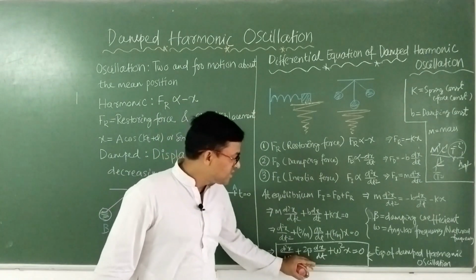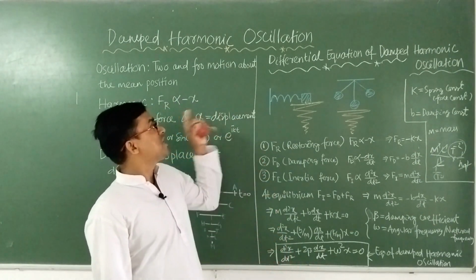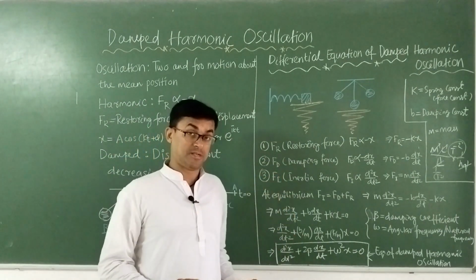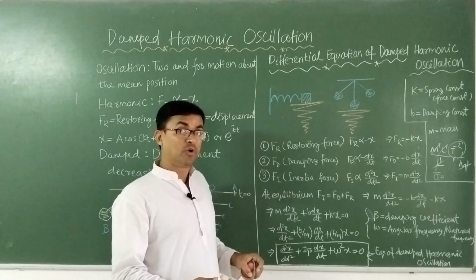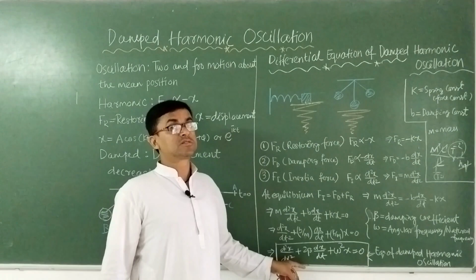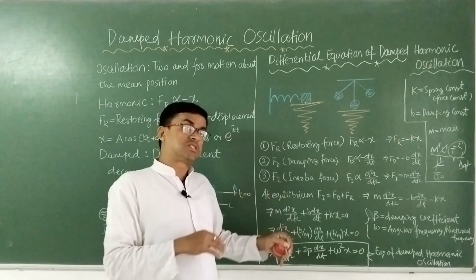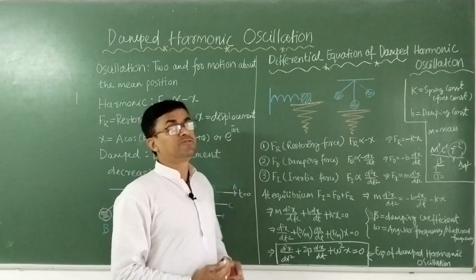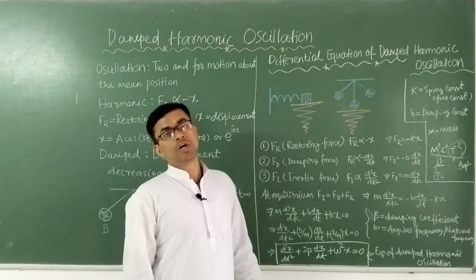That means this equation describes the damped harmonic oscillation system. But only when we solve it can we find the different solutions for these conditions. This is just the system, and next we will discuss the different types of solution for this differential equation of damped harmonic oscillation.